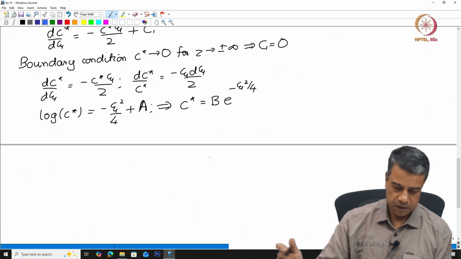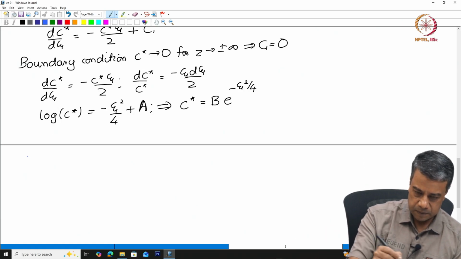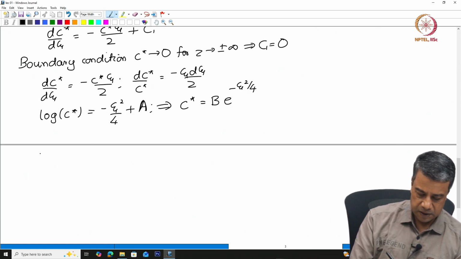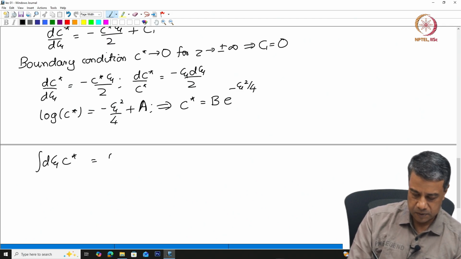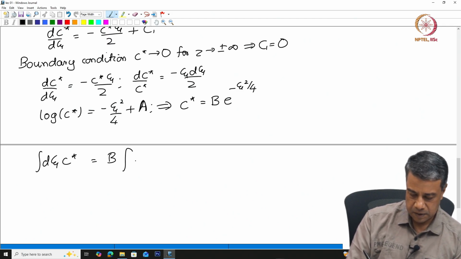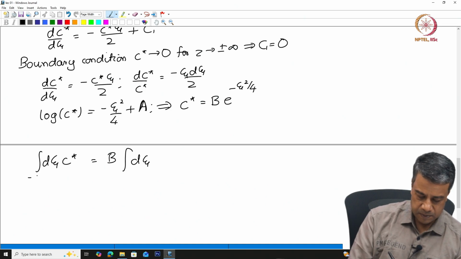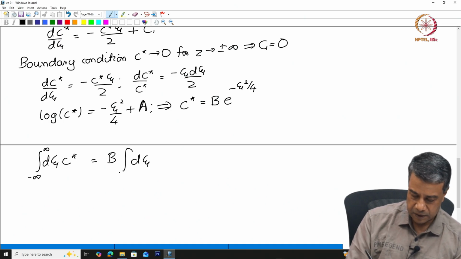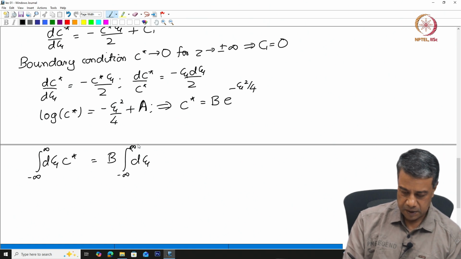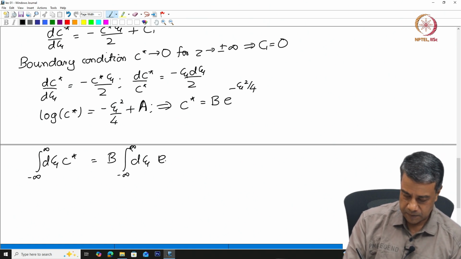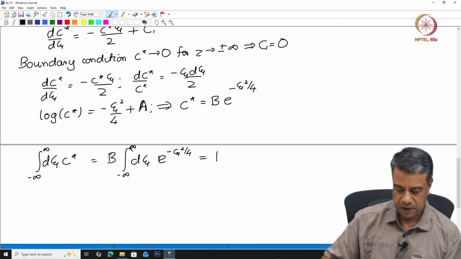So, integral d psi into C star is equal to B integral d psi, between minus infinity and infinity, d psi into e power minus psi square by 4. This has to be equal to 1.